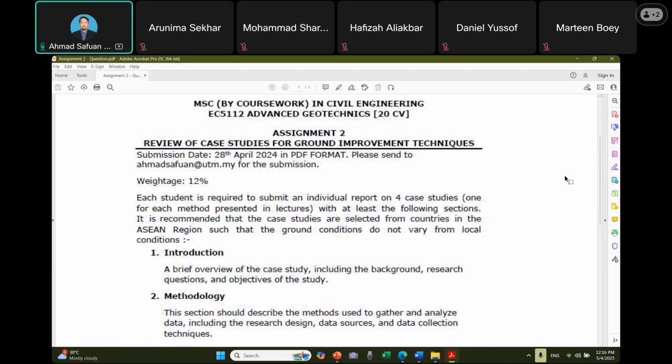You can choose either preloading, stone column, PVD, or deep compaction, and you can easily find it from any journal or article. So I share with you this assignment before we end our class.